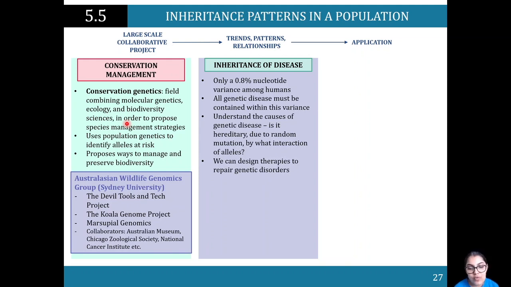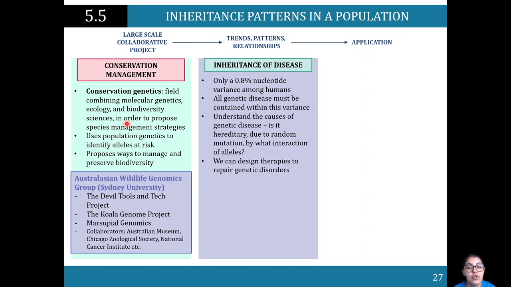So if diseases are arising and not everyone has the disease, but some people do, that means that lies in the 0.8% of variance, because it wouldn't be in the 99.2% which everyone has. It's going to be in the 0.8%.